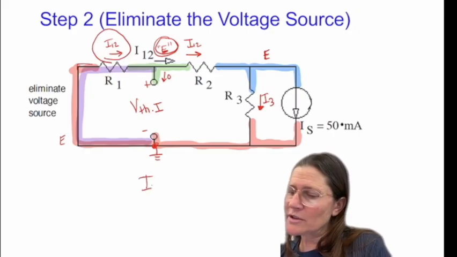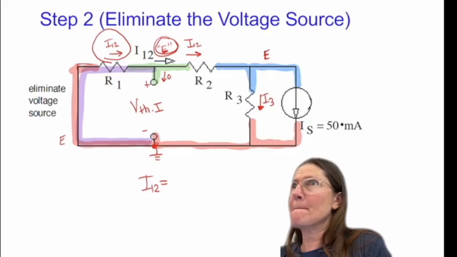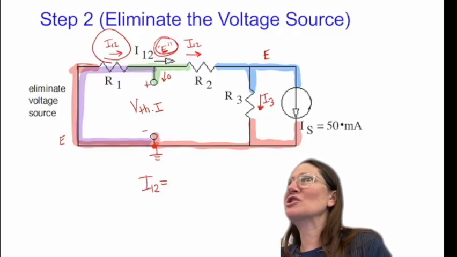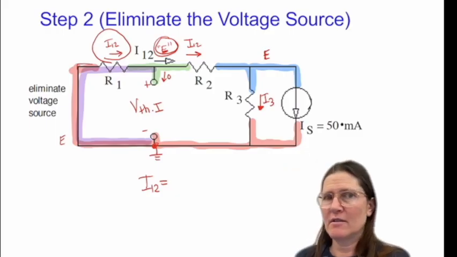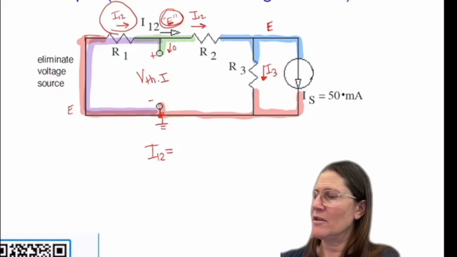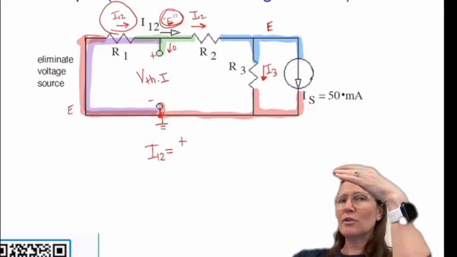So that current is going to be what? Is it positive or negative is the first question. Positive. Correct. So it's going to be positive. It goes into that node, and then it flows down the other 2.